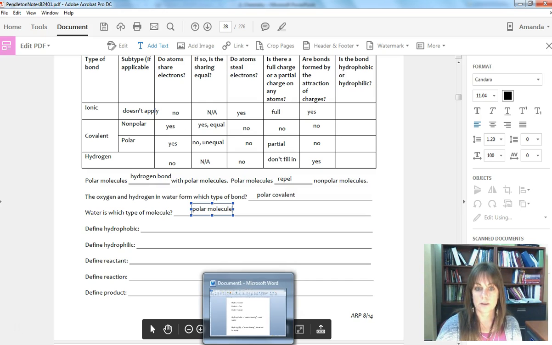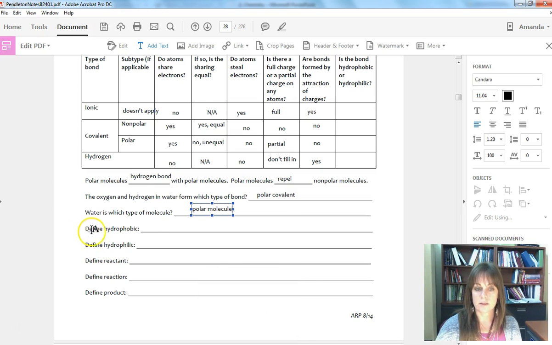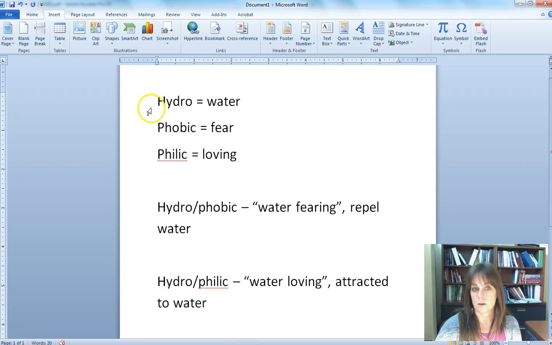Let's look for a minute and talk about hydrophobic and hydrophilic. Here we can split up these words. Hydro means water, phobic means fear, philic means loving. So literally, hydrophobic means water-fearing, and what that actually means is that anything that is hydrophobic repels water.